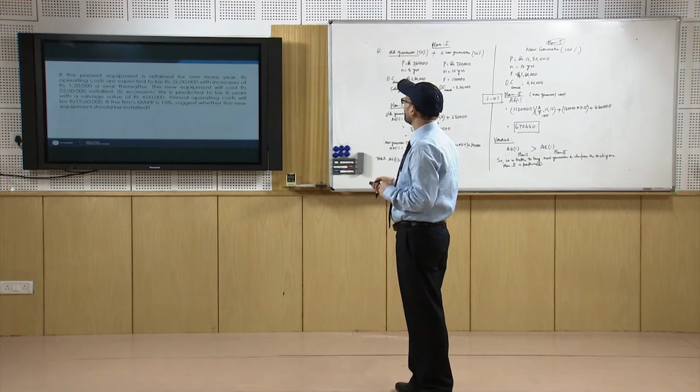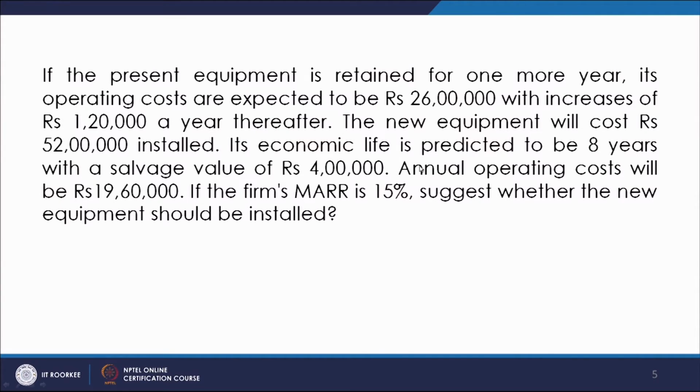If the present equipment is retained for one more year, its operating cost is expected to be rupees 26 lakh with increases of rupees 1,20,000 a year thereafter. So, operating cost is going to increase every year from 26 lakh by rupees 1,20,000. New equipment will cost rupees 52 lakh installed. Economic life is 8 years with salvage value of 4 lakh. After 8 years, annual operating cost is rupees 19,60,000. So, at 15% MARR, we have to suggest whether replacement is suggested or not. So, let us solve this problem.